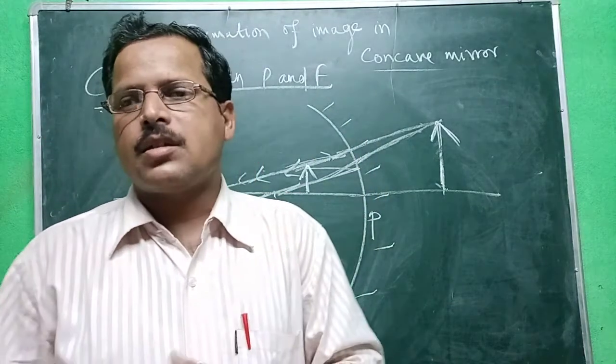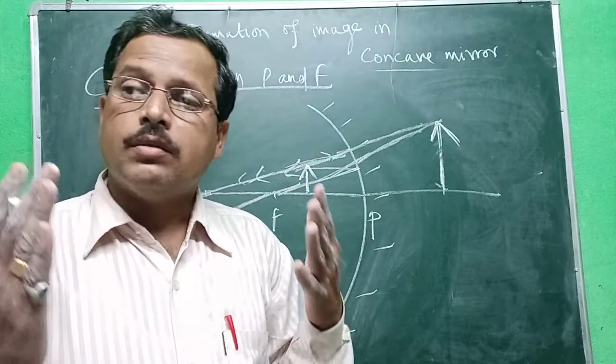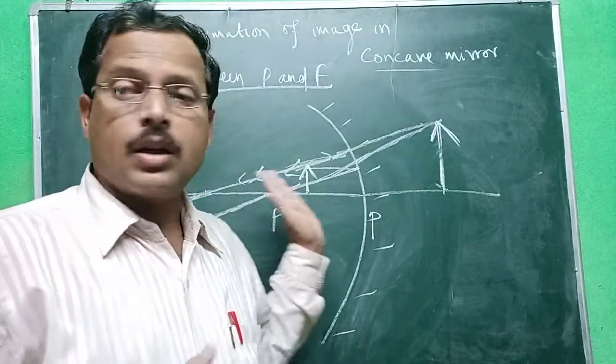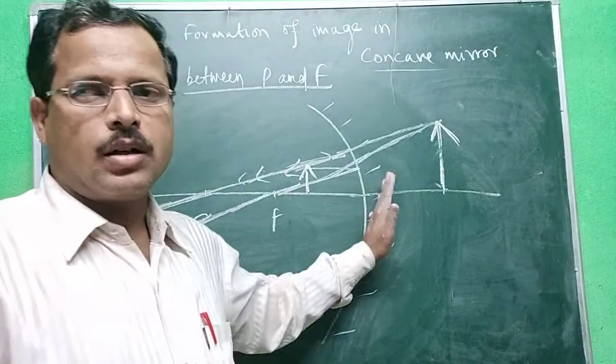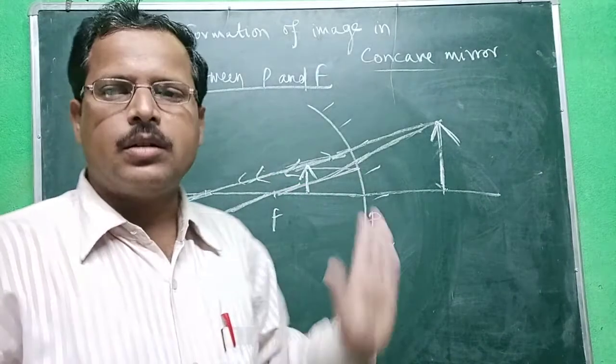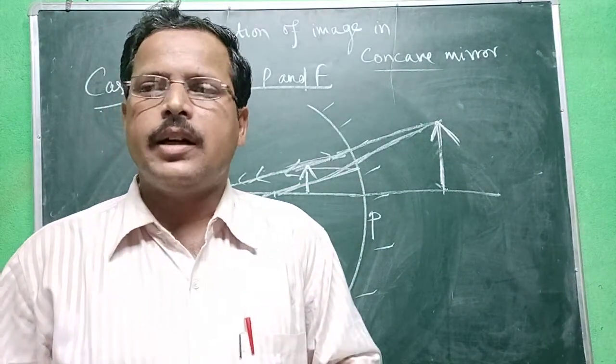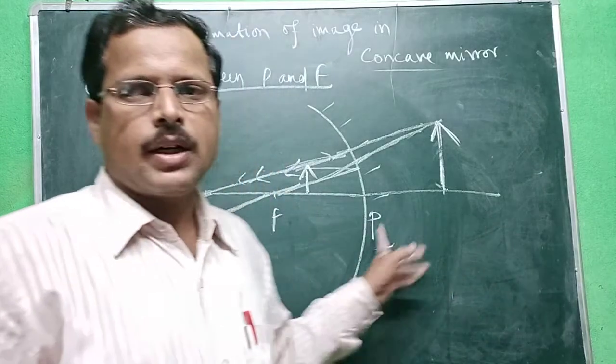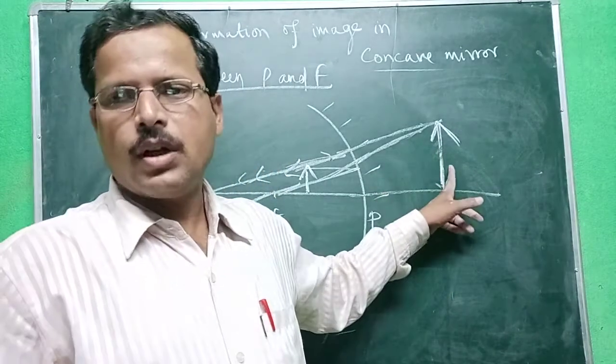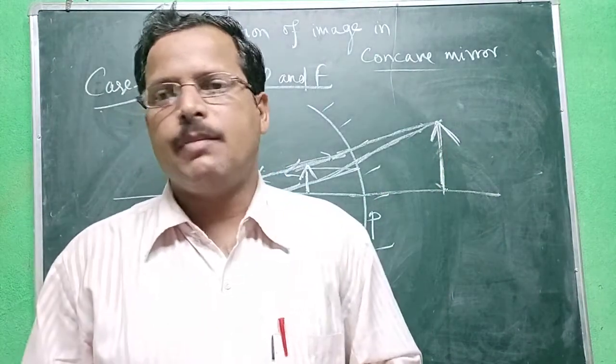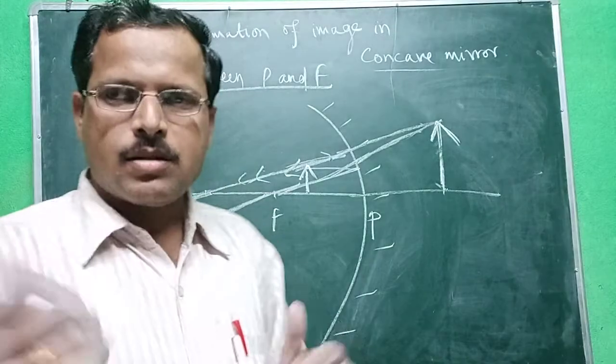In other cases, all images are in front of the concave mirror, or left side of the mirror, and are real and inverted, except this one case. This is a virtual, erect, magnified image, of larger size.